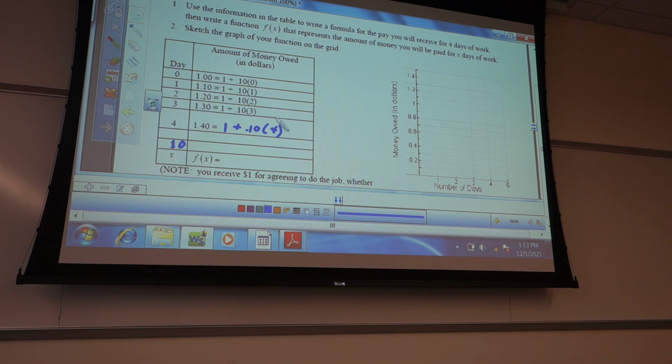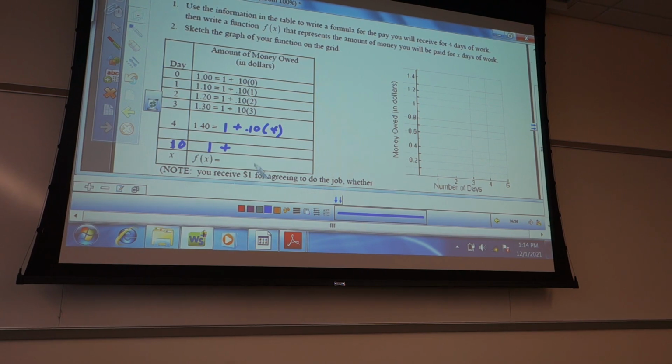But can you all see the pattern happening here? $1 plus 10 cents times 1 day. After 2 days, $1 plus 10 cents times 2 days. After 3 days, $1 plus 10 cents times 3 days. David, what's the pattern? What would 10 be? $1 plus what?